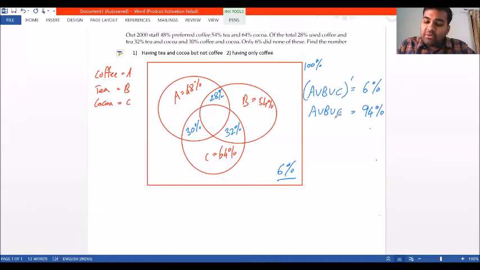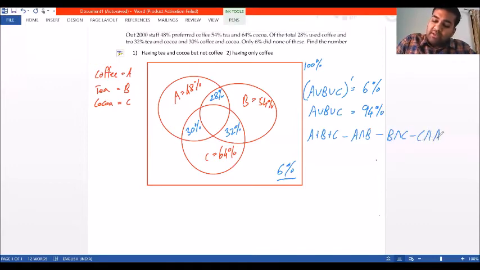What is the A union B union C formula? A plus B plus C minus A intersection B minus B intersection C minus C intersection A plus A intersection B intersection C is equal to 94 percentage.